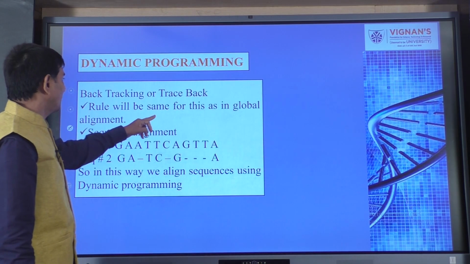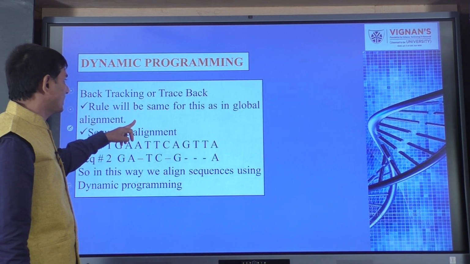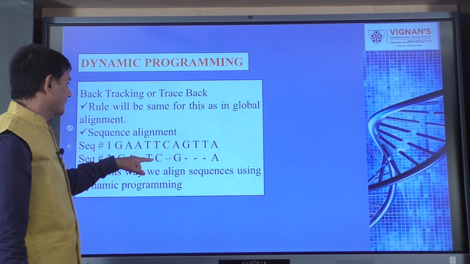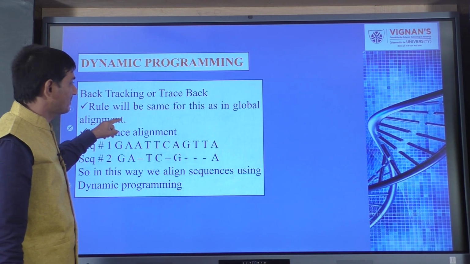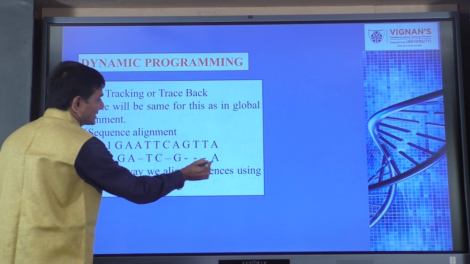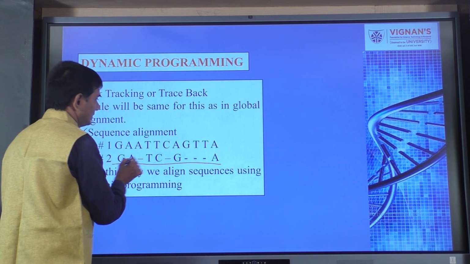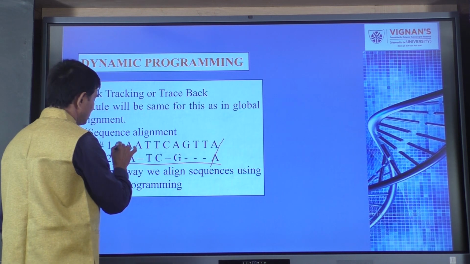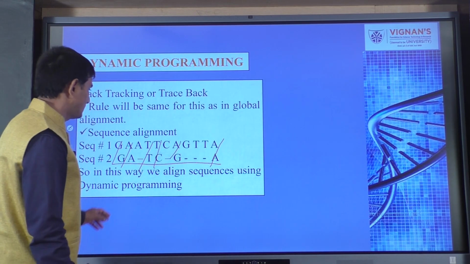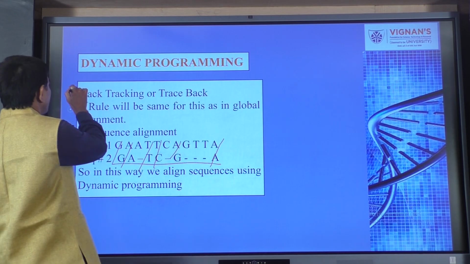So, with respect to global alignment, traceback will be done from the last box. With respect to the local alignment, traceback will be done from the box with the highest value. So, coming to the total value, 1, 2, 3, 4, 5, 6. So, in this way we can align sequences using dynamic programming.